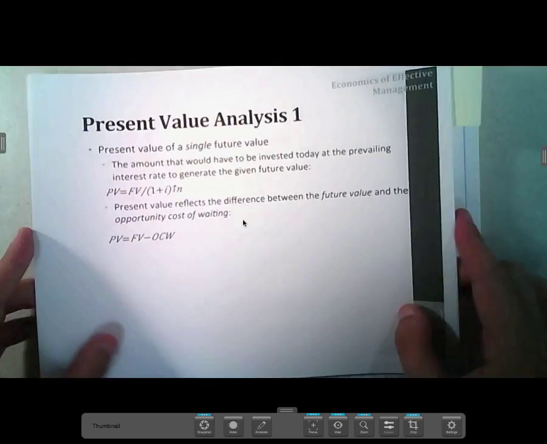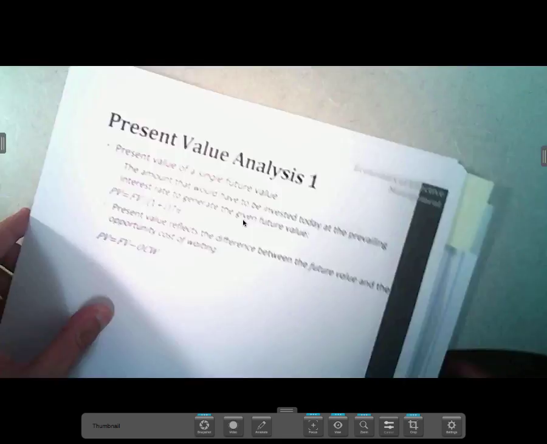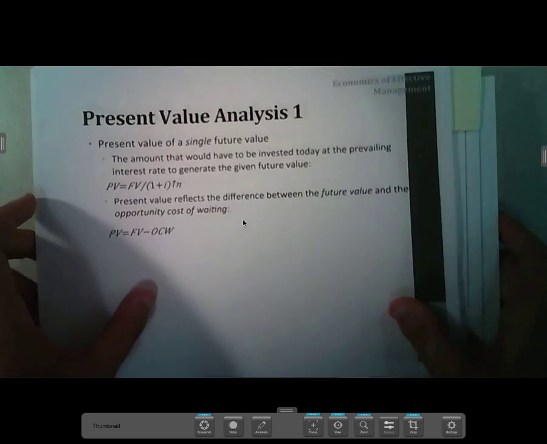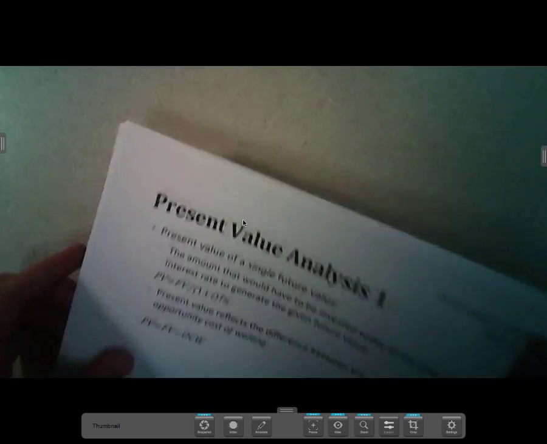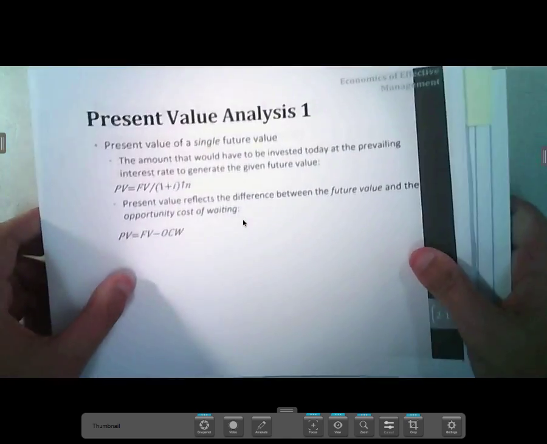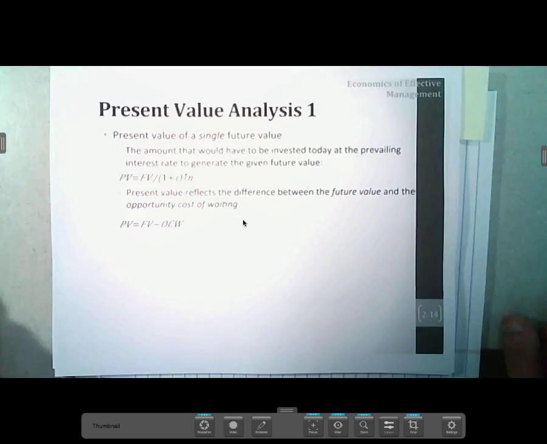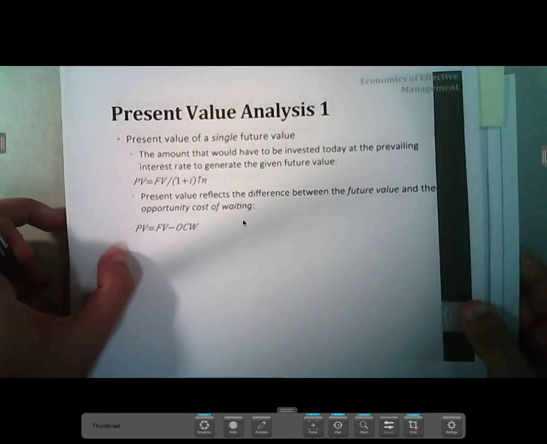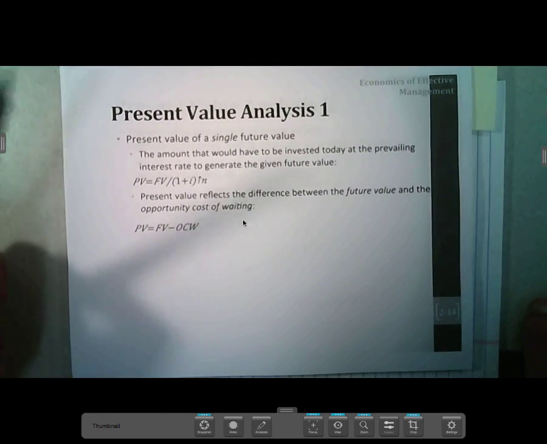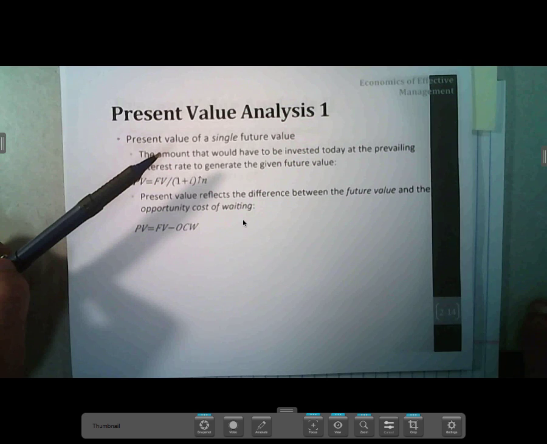So let's look at how that exists. Now, this is not a specific finance course or a simple accounting course. What I care more about for our purposes is that you get an idea of what present value is. And again, it's just that there is a different purchasing power value based on when the thing occurs.